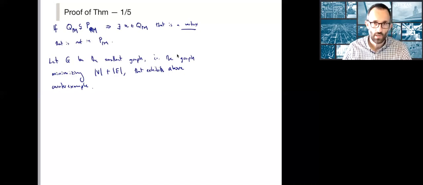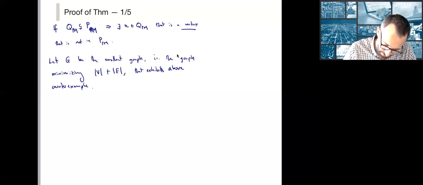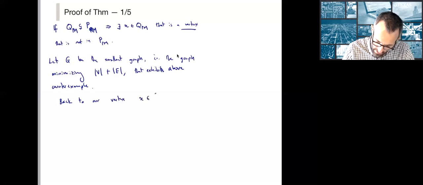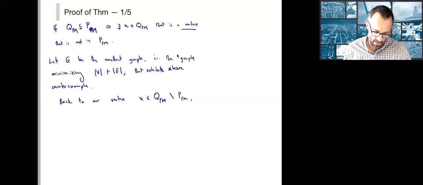Okay, so what does this immediately tell us? So now back to our vertex X that is in Q but not in P. What do we know about this vertex?